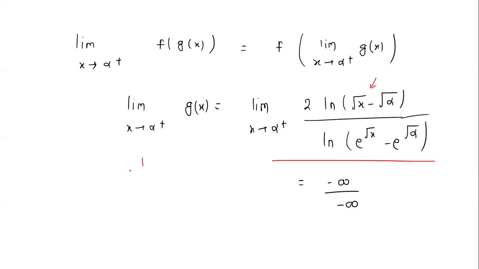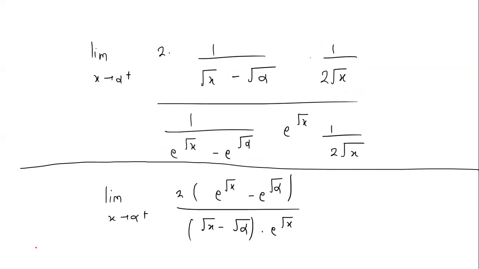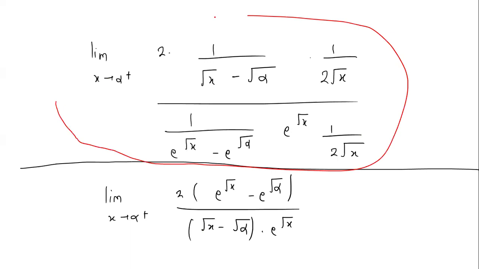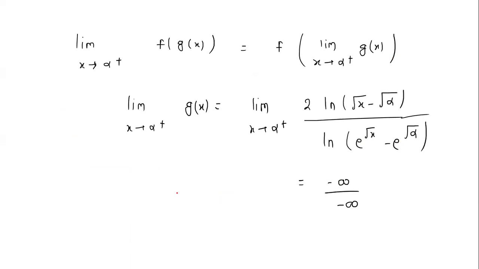Similarly, we can do the derivative of the denominator. It is 1 divided by e to the power root x minus e to the power root alpha, times the derivative of the inside, where the derivative of e to the power root x is e to the power root x times 1 divided by 2 root x. So this is the derivative, and this limit is the same as this limit by the L'Hopital rule.